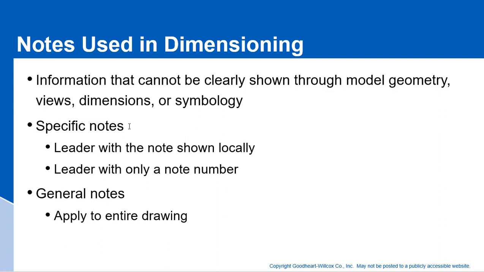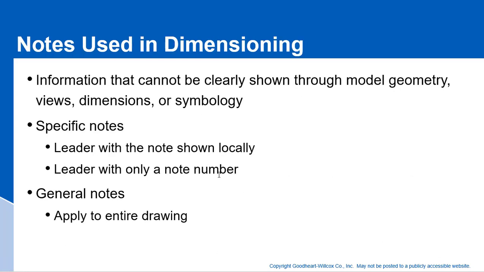Specific notes have a leader pointing to something with the note shown locally on the field of the drawing, or in some cases you could put the leader with a note number, like a flag number at the end of the leader, and then in the drawing notes section you would put a drawing flag with that same number in it, and you would say what the drawing note is.